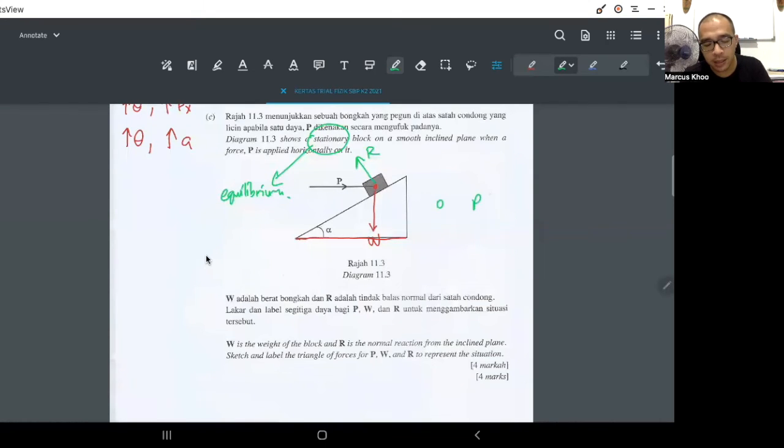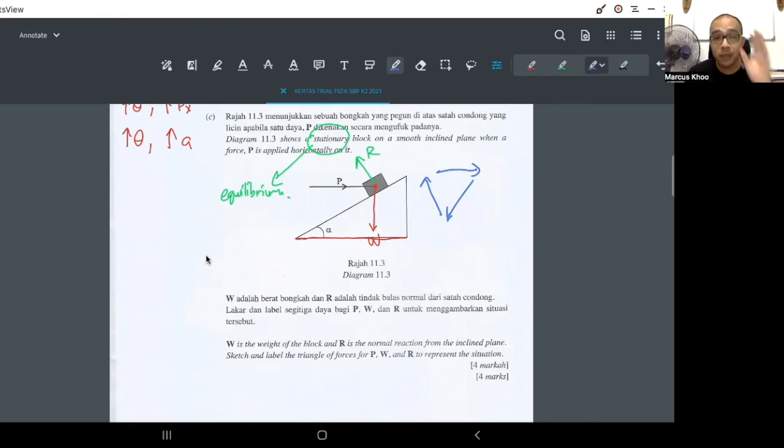OP plus PQ kan, begini, begini, terus begini. This vector has nothing to do with equilibrium of forces. Kalau equilibrium of forces, we want to draw the triangle so that the arrows follow one another. It goes in one circle.